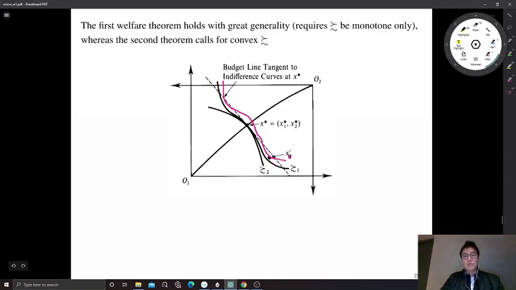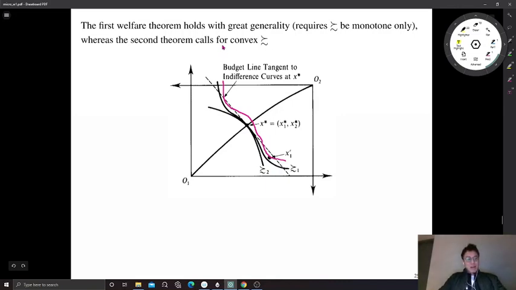And that is a feasible, affordable allocation for consumer A, because it is inside the budget set. So even though this is a Pareto efficient allocation, it cannot be achieved by the market mechanism if one consumer's preference relation is non-convex. That is a pretty important result regarding the second welfare theorem.